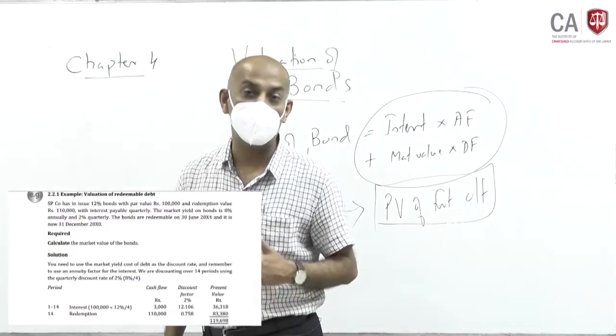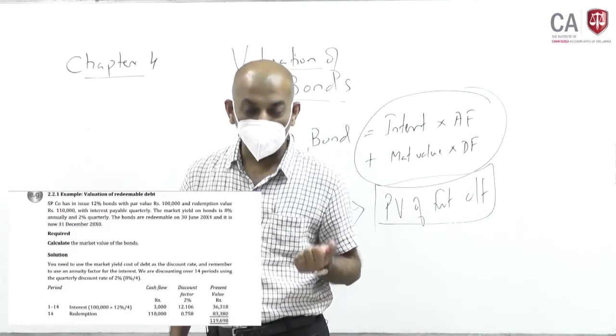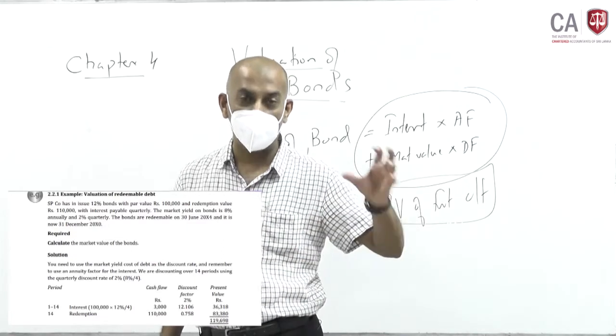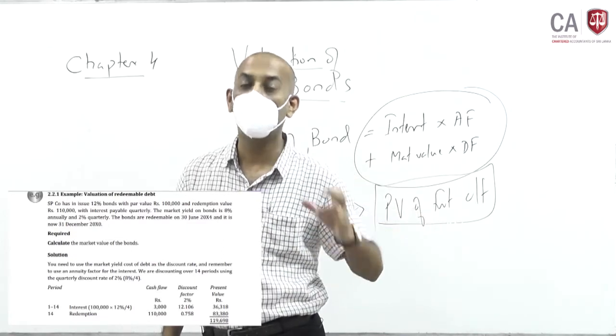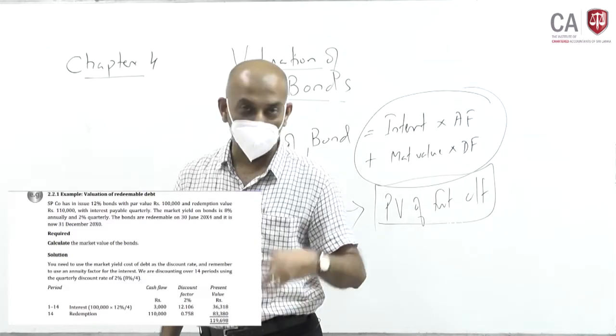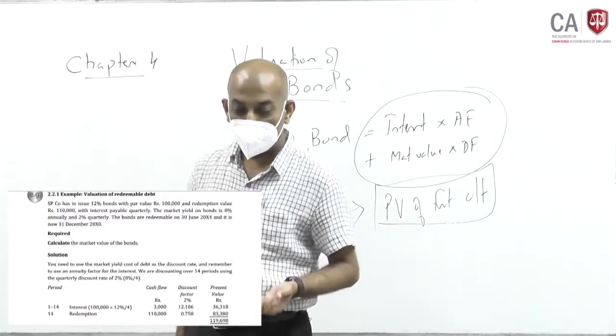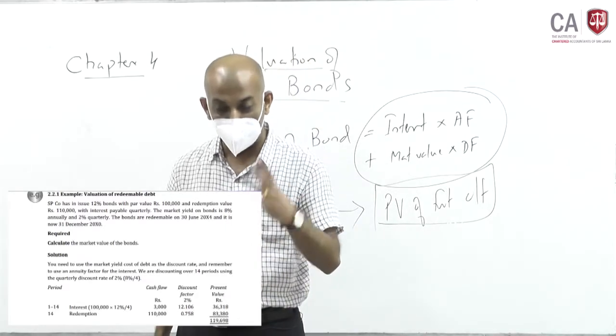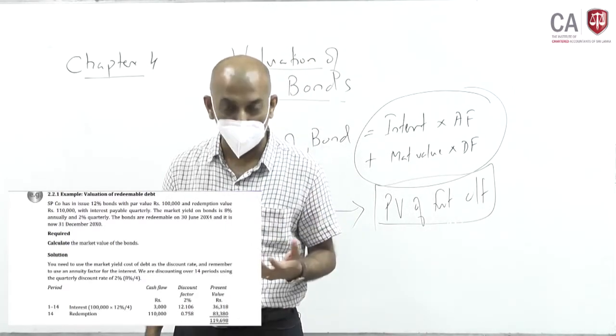Quarterly you are paying, that means you get 3,000 interest. So quarterly as an investor you get 3,000, which is the nominal value of your debenture times your coupon rate, 3%, or 12% divided by 4. Your annuity factor is going to be 12.10, because your return requirement is 2% per quarter.